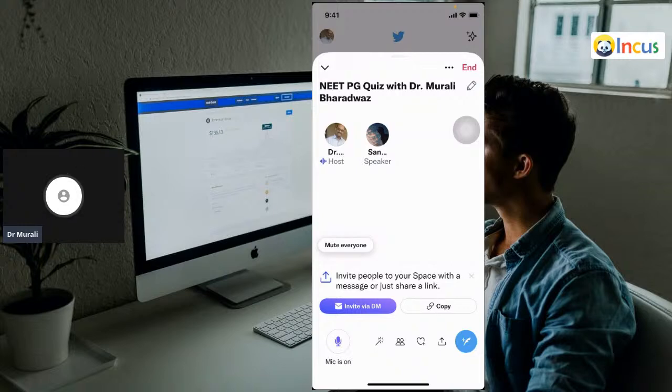Now, neuropathies are divided into demyelinating neuropathies and axonal neuropathies. What is the most common hereditary cause for a demyelinating neuropathy? Any guess?